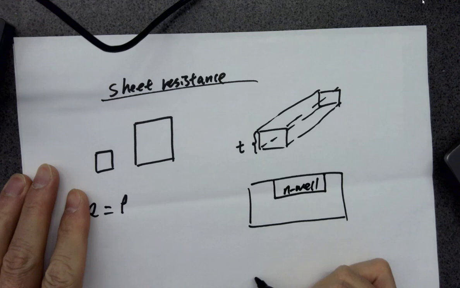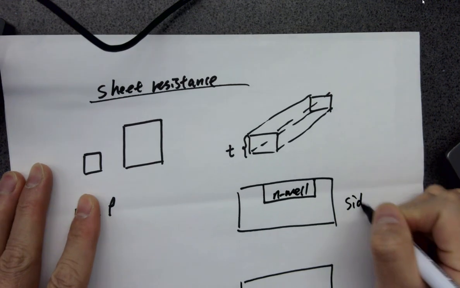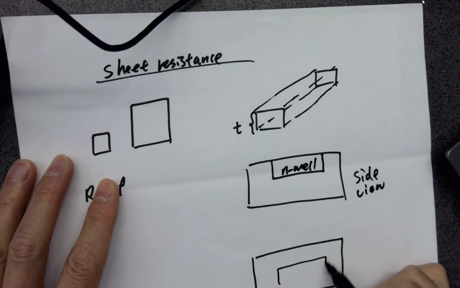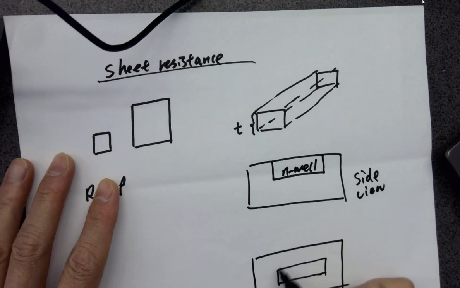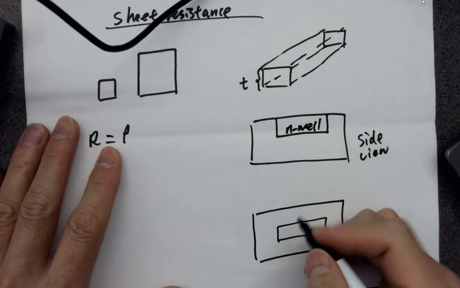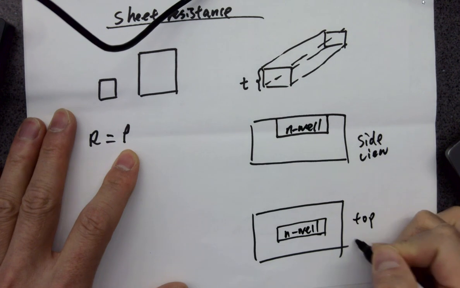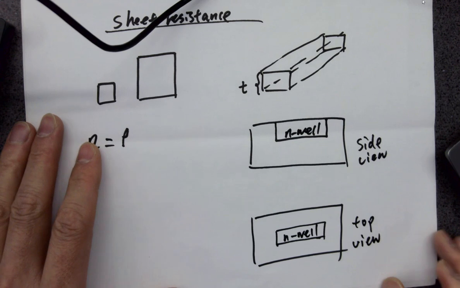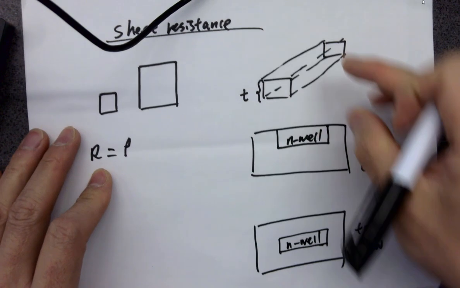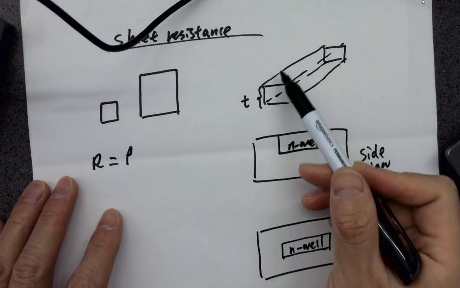So if you look from the top, one more time, this is the side view. If you look from the top, it could be just a rectangle like this, just a box. Okay, look from the top. So that's also N-Well. This is the top view. If you extract this feature from the wafer, it looks like a rod like this.